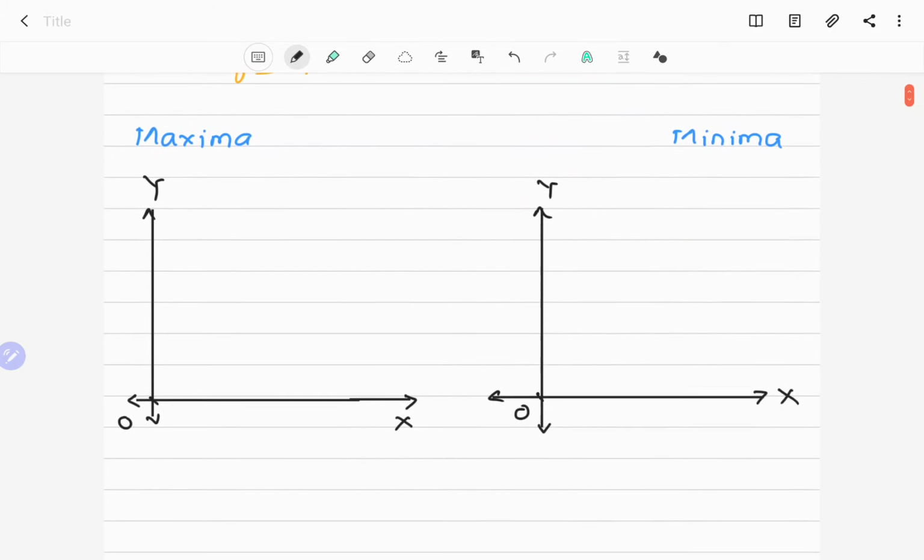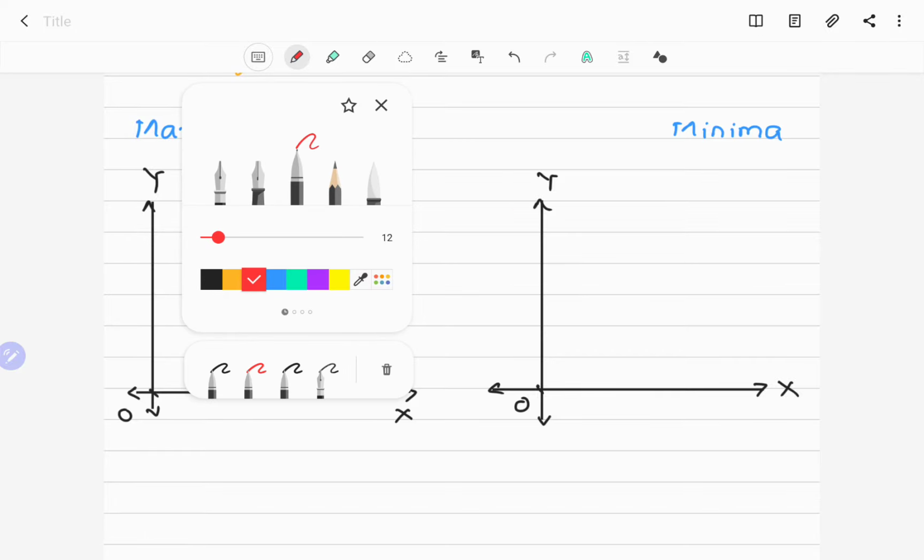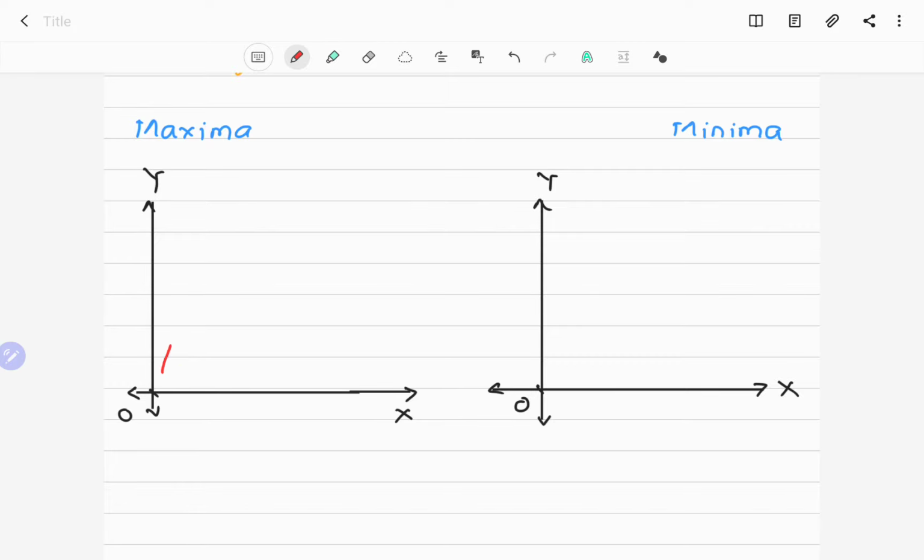So first of all, let's understand how a maximum and minimum of a function forms. If a function has a maximum, then in the first section its graph is increasing. Then comes a stationary point. There are a variety of names for this point: a stationary point, an extreme point, or a turning point.